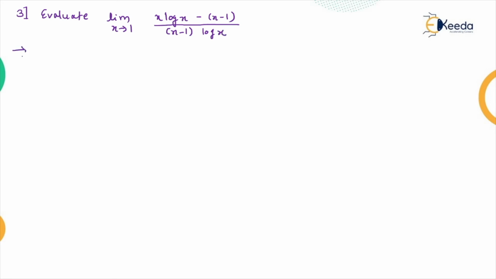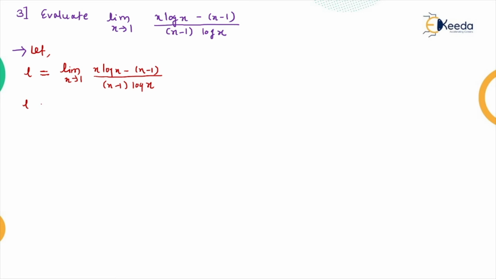So I will solve this by using the steps of the previous examples. Let the given limit be taken as L. L is equal to limit as x tends to 1 of x log x minus (x minus 1), divided by (x minus 1) into log x.